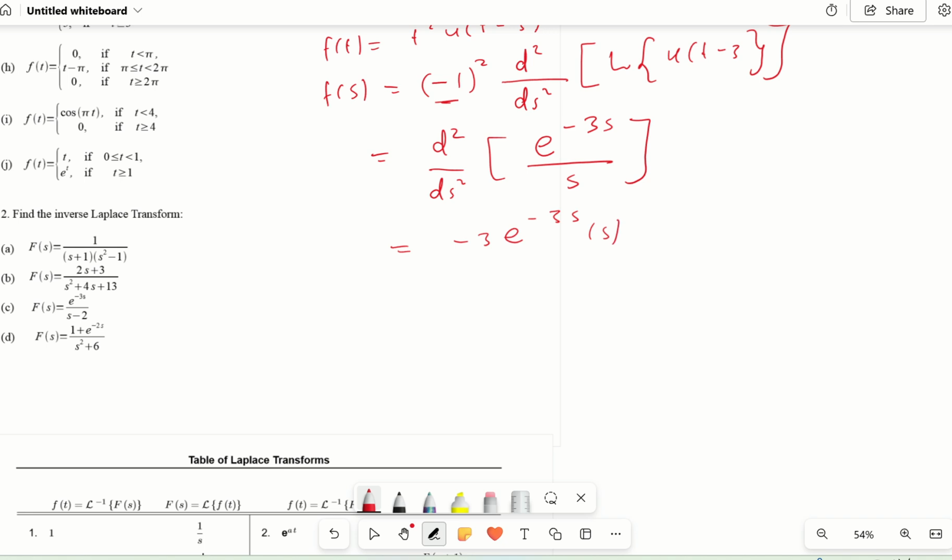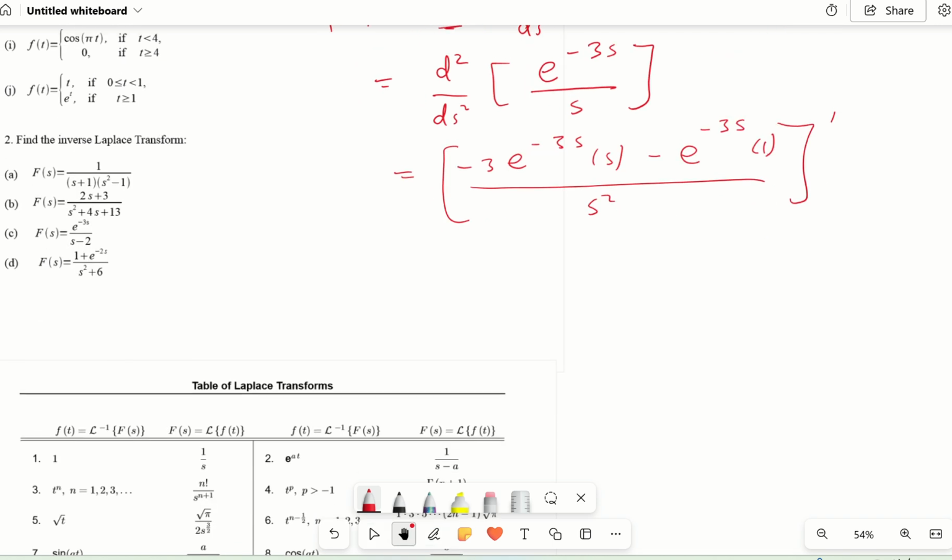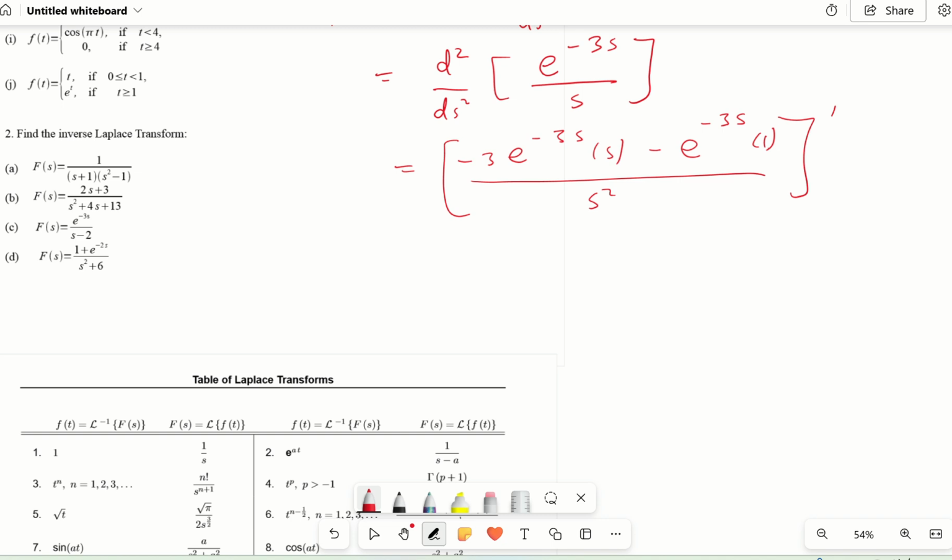You multiply that with s minus e to the negative 3s. I'm going to differentiate the bottom part, which is going to be 1, all over s squared. But then I need to also differentiate that as well. That's why I put prime there.